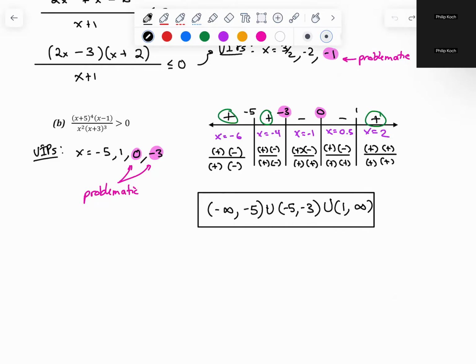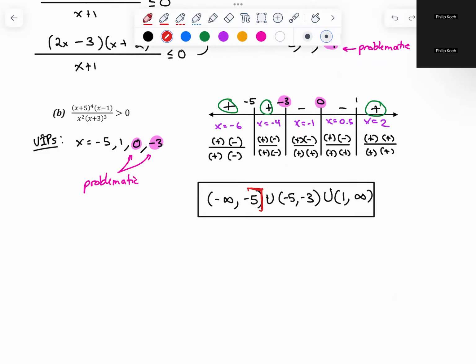Whereas if it had been this, then you could union them together, and it would be -infinity to -3 like that. But that's only because as long as one of them has -5, it can be included in both. But as it stands, these are both parentheses, so it cannot work.